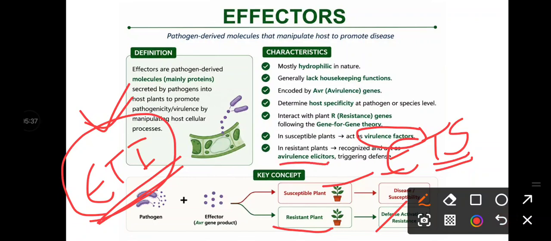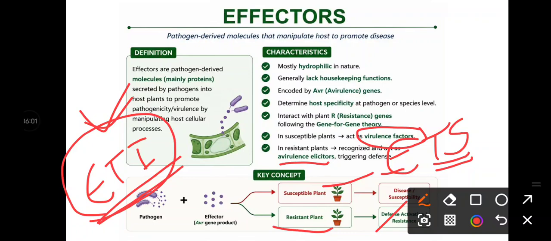I have already prepared a separate video on elicitors. Elicitors are secondary metabolites or secondary proteins or compounds, or the molecules that elicit or enhance the plant defense system.